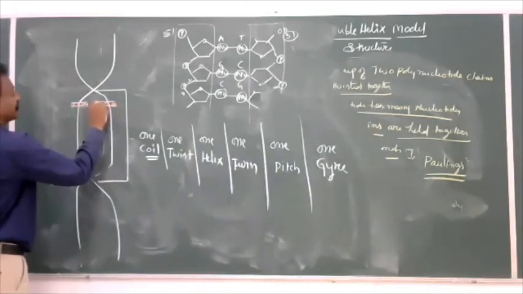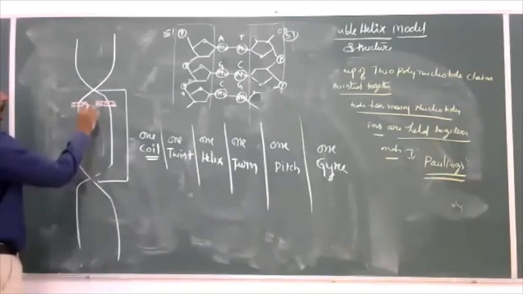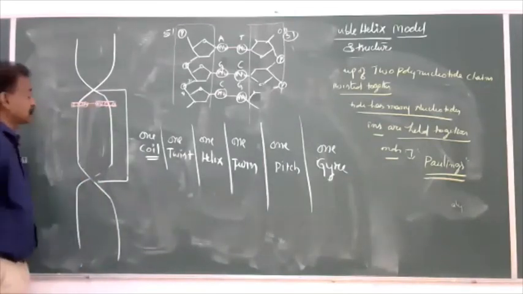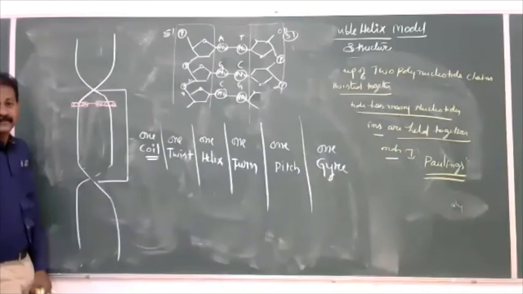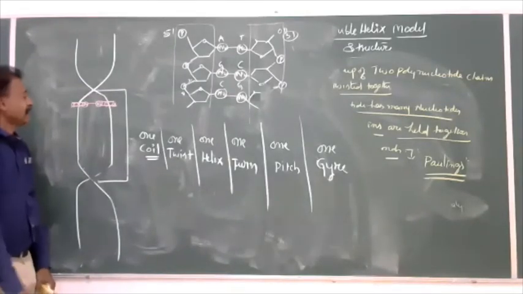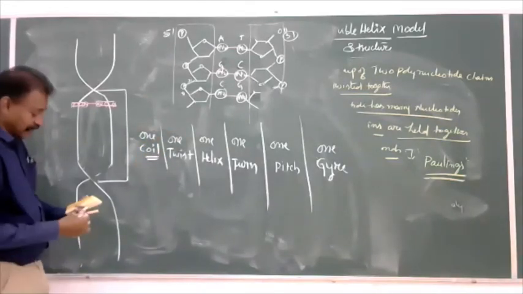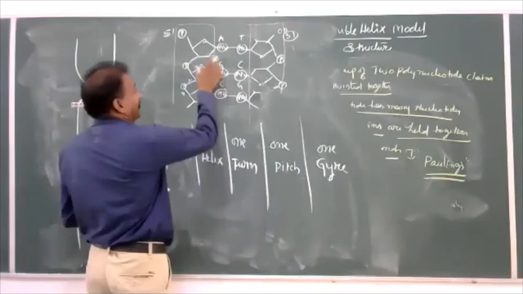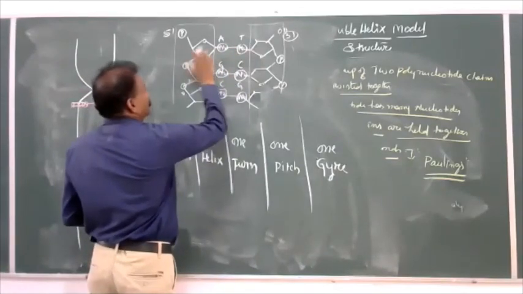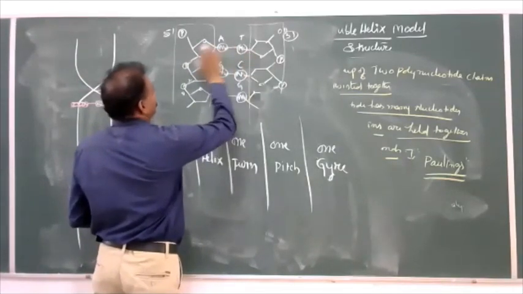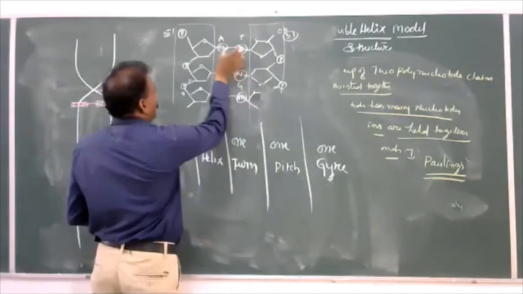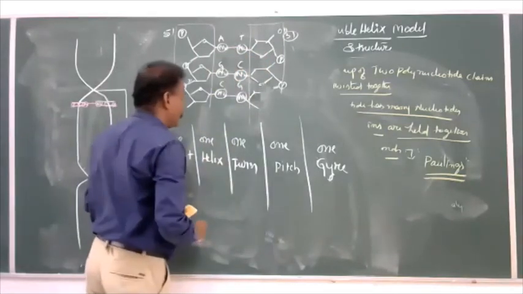Sugar, phosphate, nitrogen base are joined with hydrogen bonds. Like that, Watson and Crick studied and suggested that between two nucleotides of the opposite chain, a bond is made called hydrogen bond.